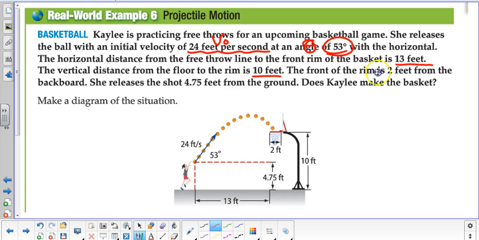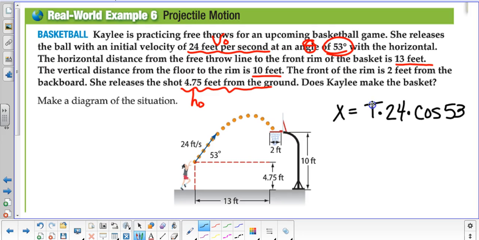The front of the rim is 2 feet from the backboard. She releases the shot 4.75 feet from the ground. That is h sub 0. So this is what I would type in my calculator if you want to try this. X equals t times initial velocity times cosine of the angle.